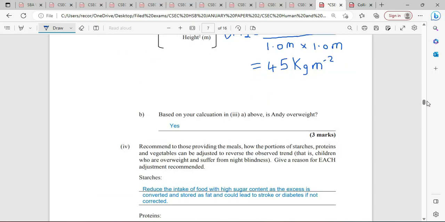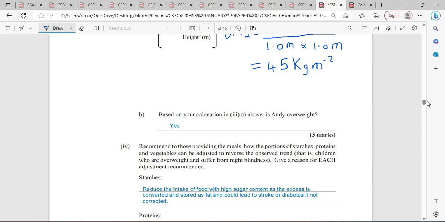So here, we want to reduce the intake of the starch. Or one might say we want to reduce the food with high sugar content. The first one you want to look to there is to reduce the amount of rice. But we have starch in the form of potato and yam.